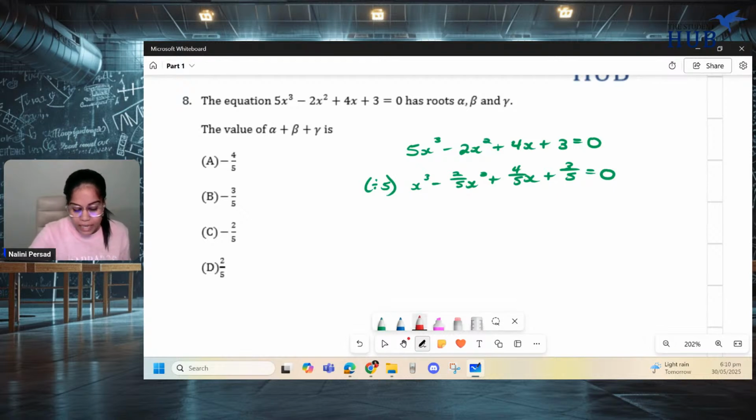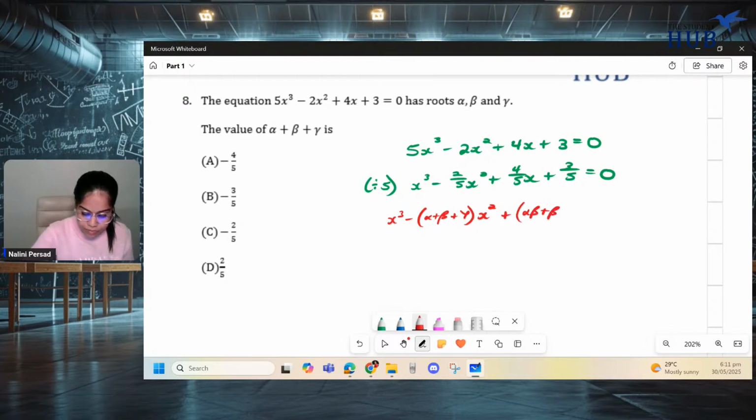This is in the form x cubed minus the sum of roots x squared, plus the product sum x, minus the product, right?